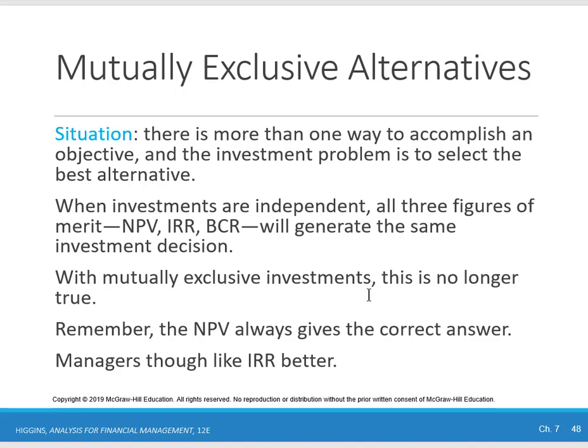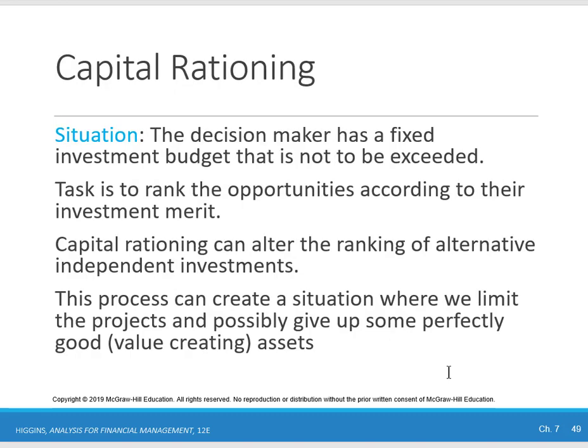So what do we need to know about this? Remember, net present value always gives the correct answer. However, managers really like the internal rate of return method better. Why? It's just easier to understand.